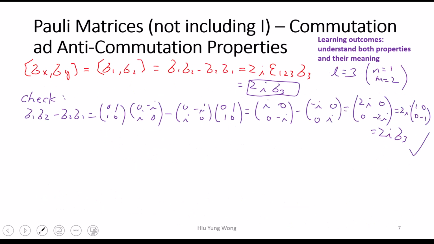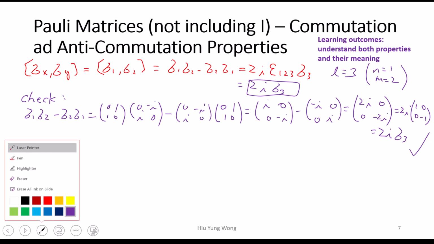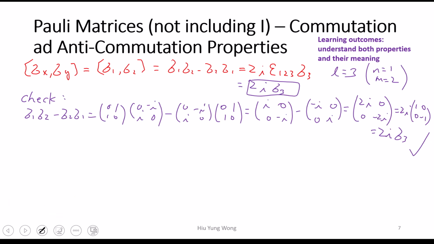Yeah. So let me talk about that. Actually, I don't know much about the physics meaning of anti-commutation, but I'm going to talk about that. No, this has nothing direct to do with boson or fermion.